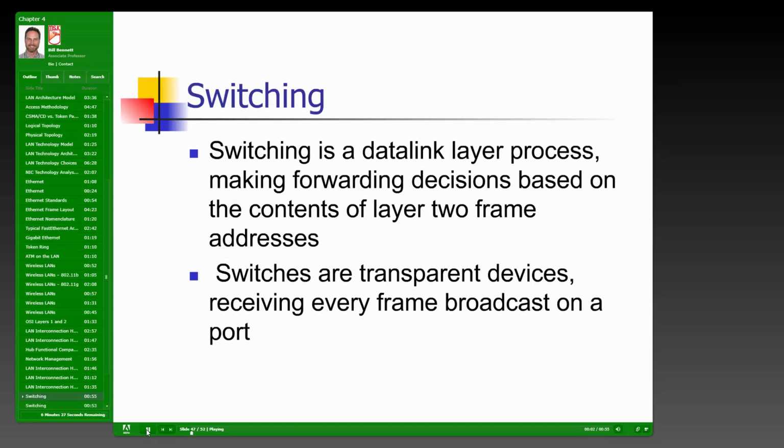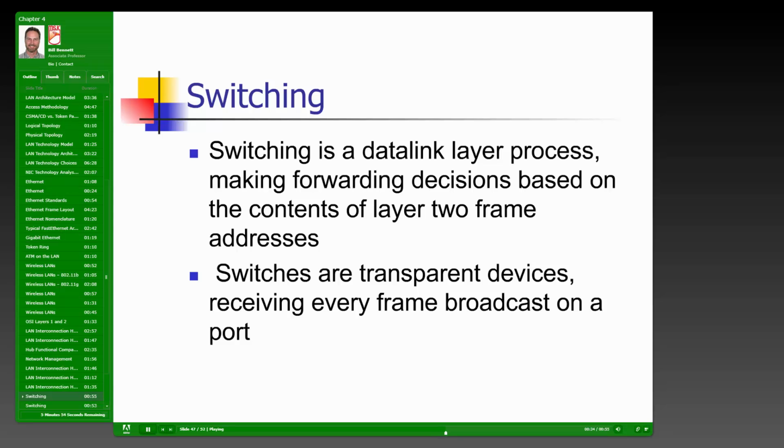Interestingly enough, the terminology switching actually refers to the fact that a switch, being a data link layer device, is capable of processing the destination MAC address, actually reading the MAC address that the frame is destined to, and then making a forwarding decision to forward the incoming frame to the correct port where the device that matches that destination MAC is attached.